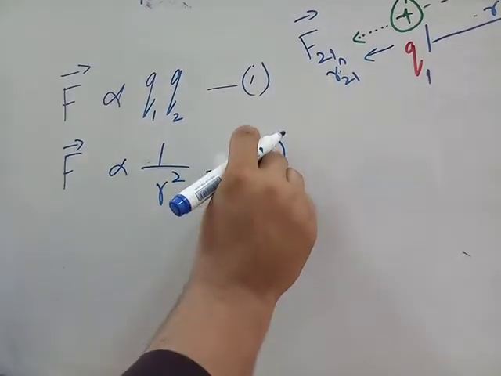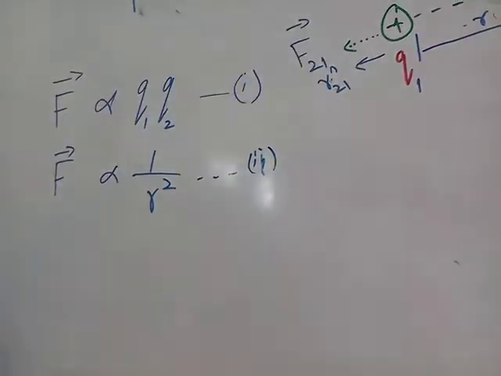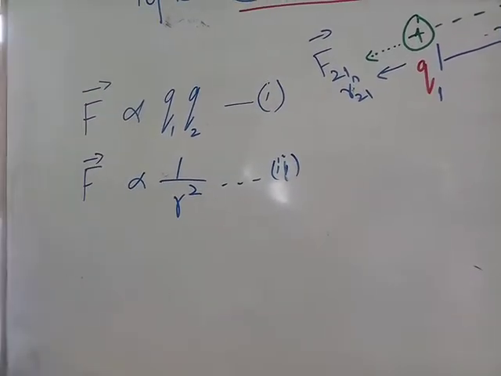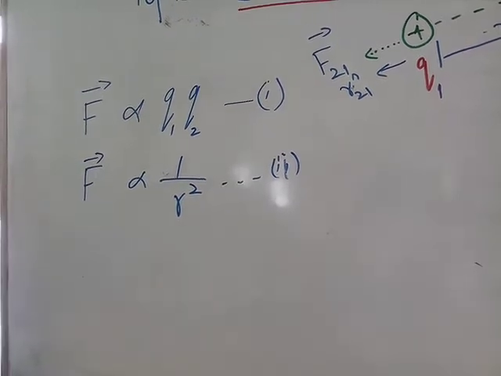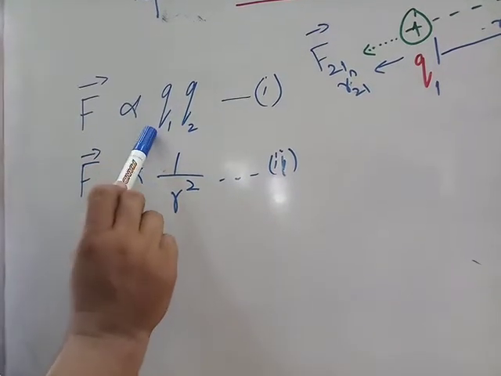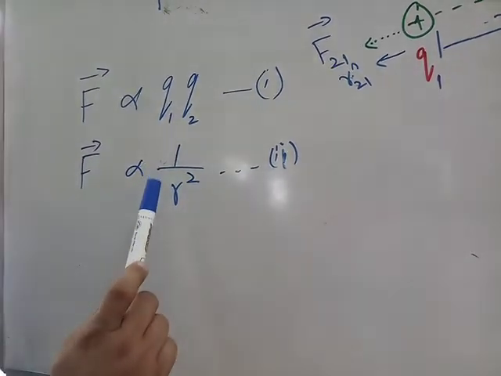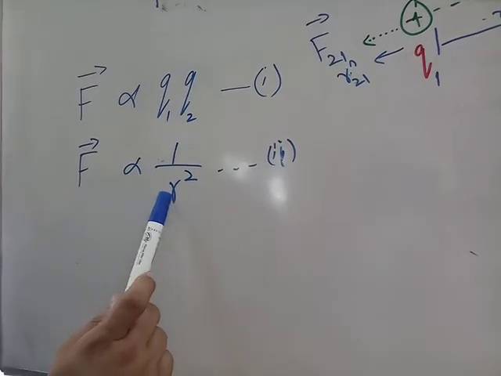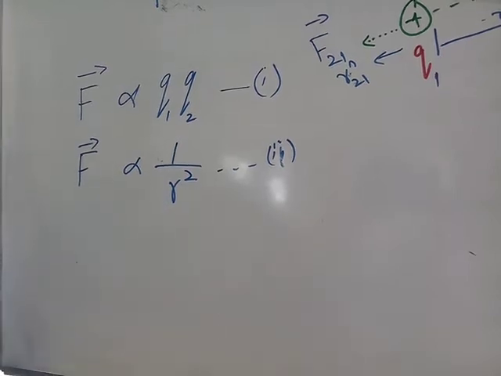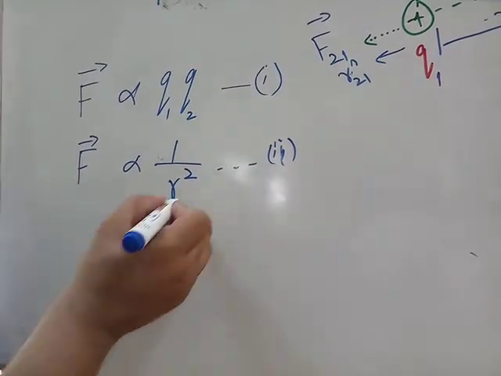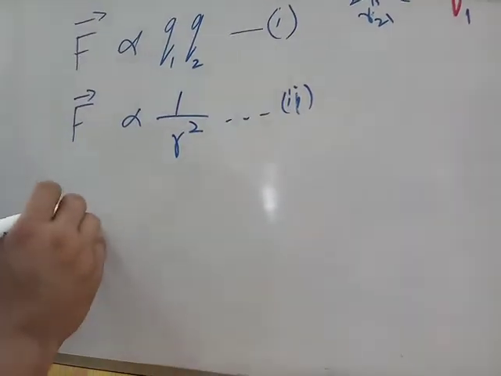We can write this mathematically. This is the mathematical form of Coulomb's law, and the statement is: the force of attraction or repulsion between two charges is directly proportional to the product of the two charges and inversely proportional to the square of the distance between them. This follows the inverse square law, so for that purpose we use r squared.